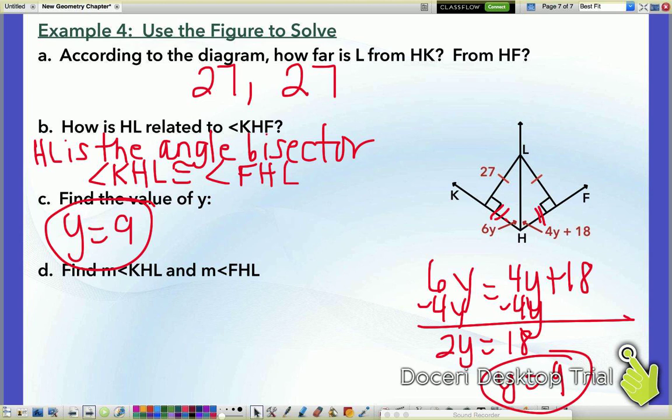Okay, then they want me to find the measure of KHL and FHL. Okay, well, these arrows are actually pointing to the angles, so we just need to plug y back in.